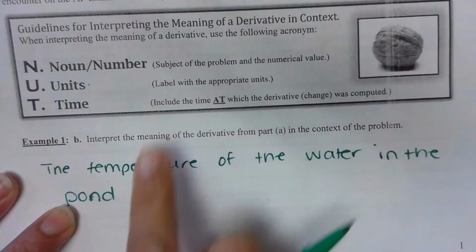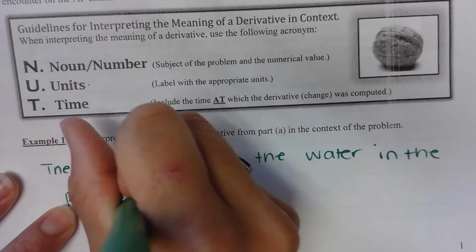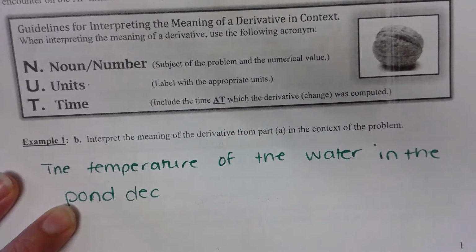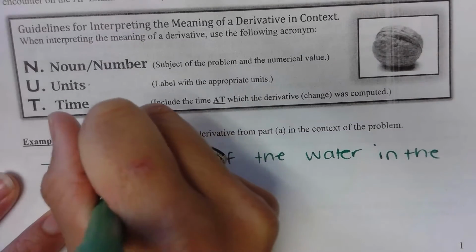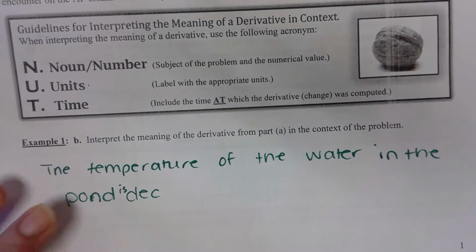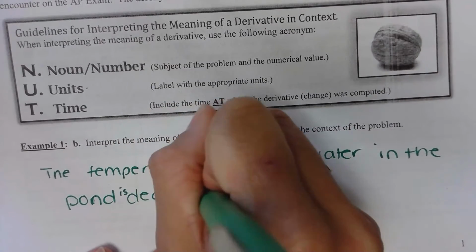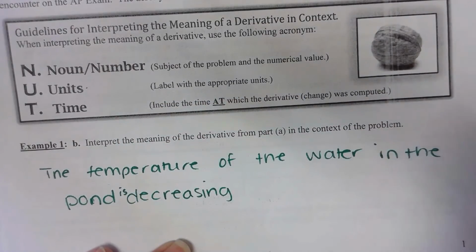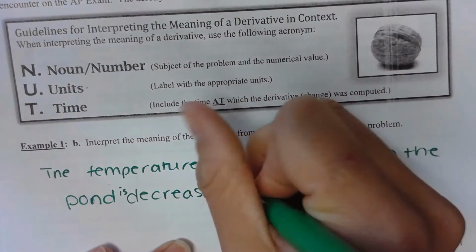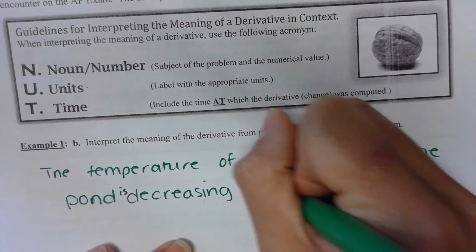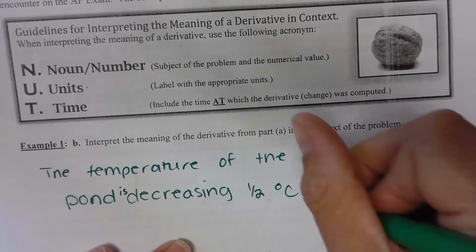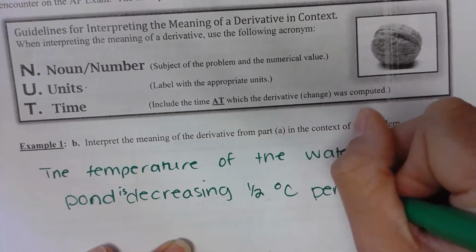Good. So the negative becomes decreasing. Temperature of the water in the pond is decreasing 1/2 degrees Celsius per day.